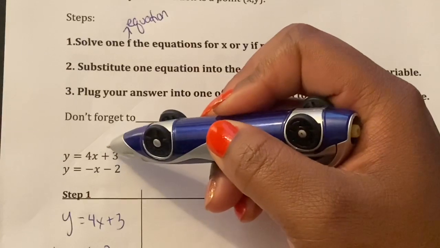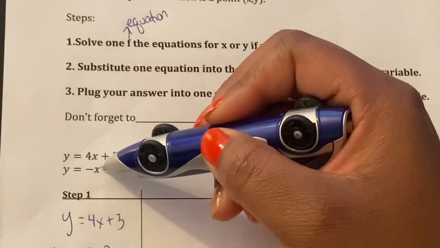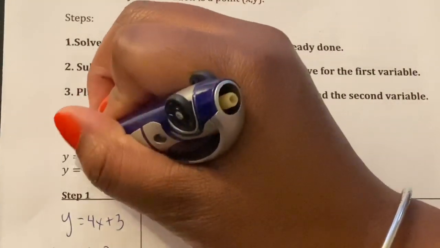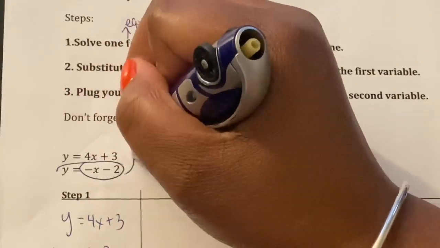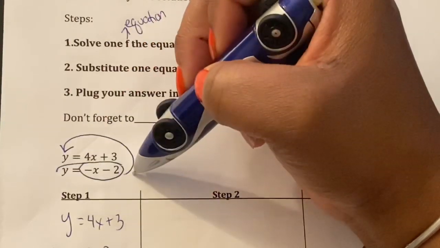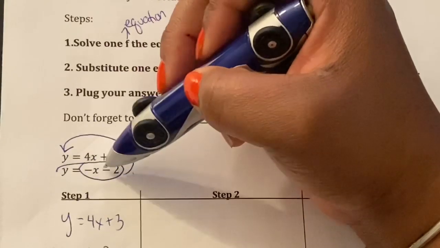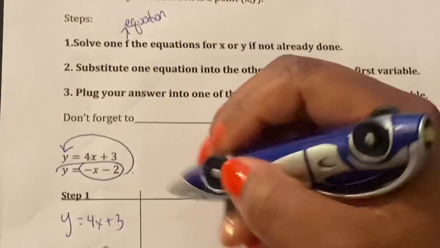I'm going to take my y equals negative x minus 2, and I'm going to substitute it in for this y. Remember, it says y equals this. So y is this, y is this. They are the same. So wherever I see y, I can plug in negative x minus 2.